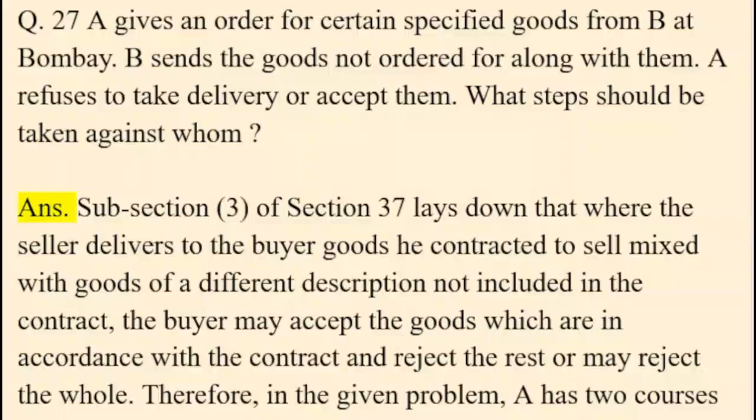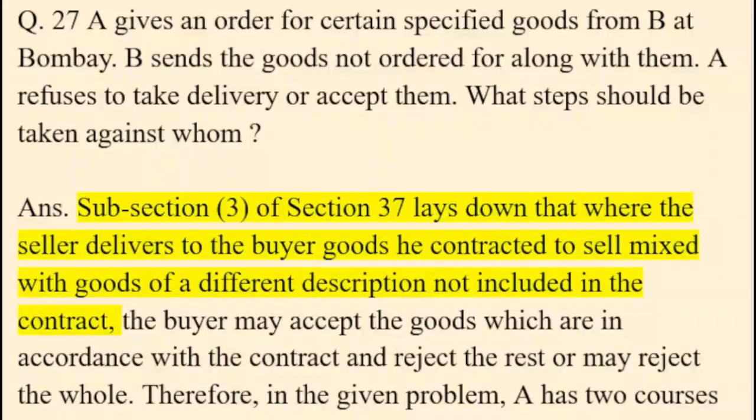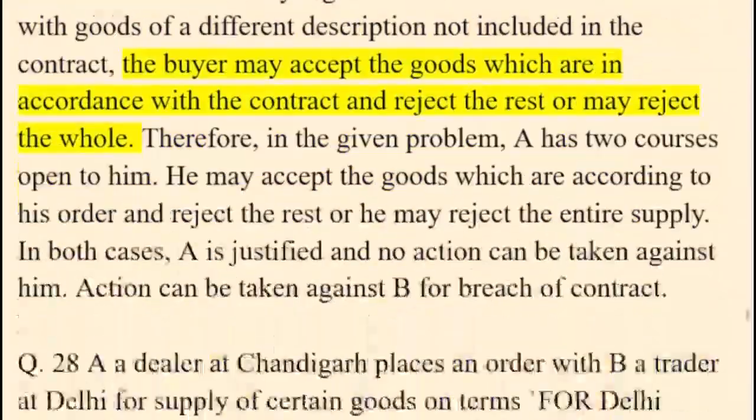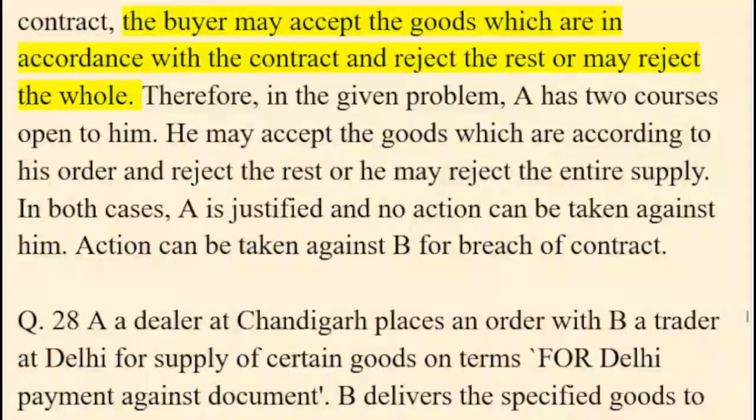Ans. Subsection 3 of Section 37 lays down that where the seller delivers to the buyer goods he contracted to sell mixed with goods of a different description not included in the contract, the buyer may accept the goods which are in accordance with the contract and reject the rest, or may reject the whole.